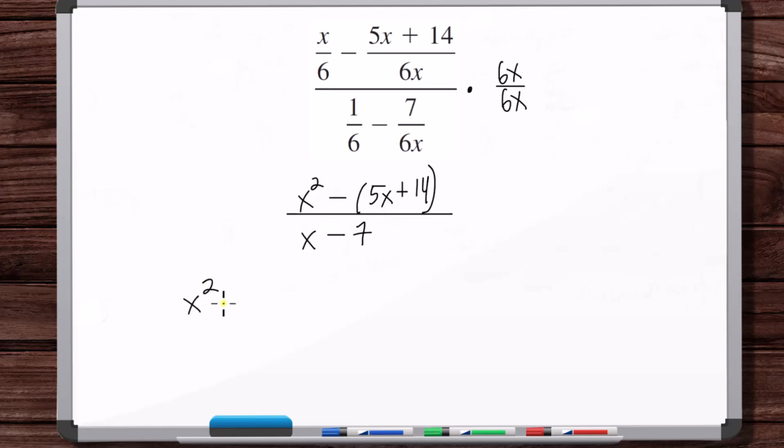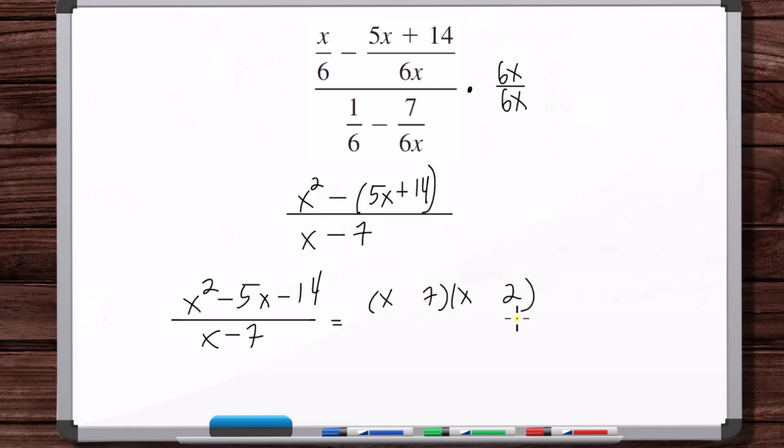So x squared minus 5x minus 14 over x minus 7. So can we factor this? I think we can. So 7, 2, minus 7 plus 2. Okay, so we're left with x plus 2.